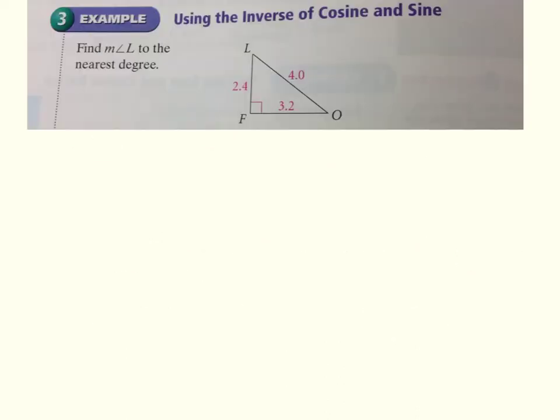Example 3 asks us to get the measure of angle L. Just like when we were doing tangent, when you're trying to get angle measures, you have to use the inverse of your trig function. So on this one, we are going to set up the sine of L equals 3.2 over 4.0.